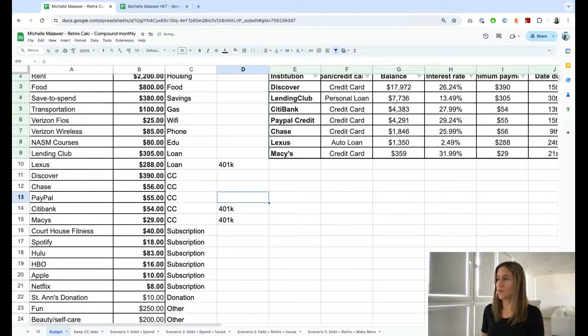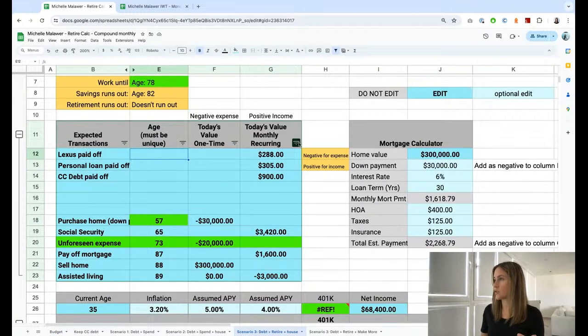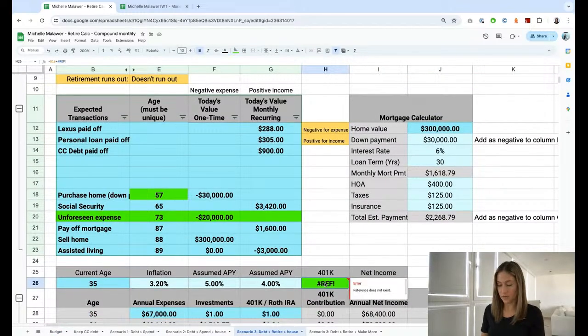And this would go to 401k. So it would actually be the same total expense. It would just be directed somewhere else. Which is what we have here.